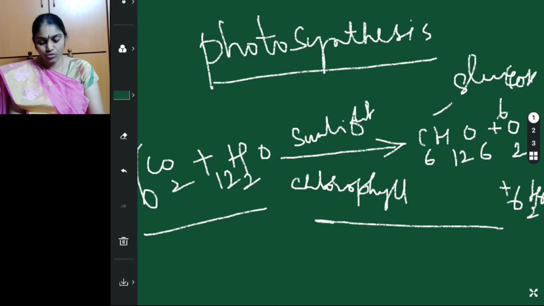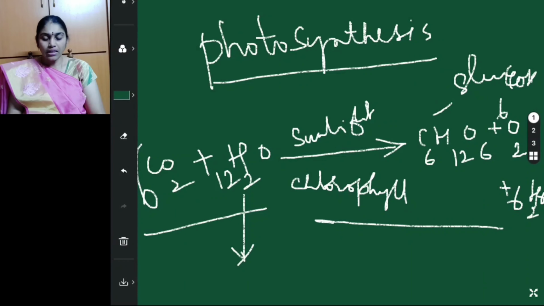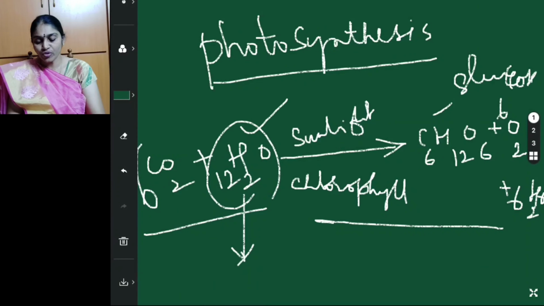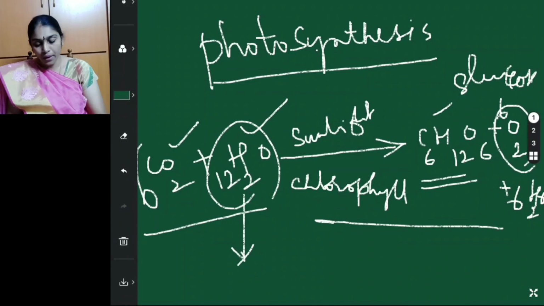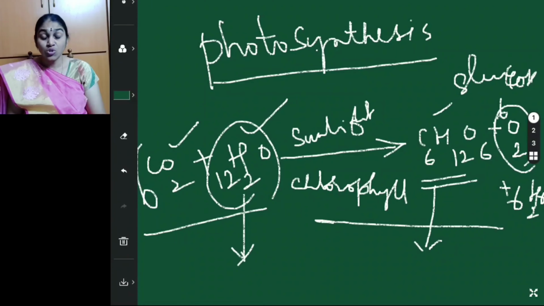All of us know that if you don't water a plant for one day, it will first wither, it will be wilted, it will be dried, right? In this lesson especially, we are going to learn how water affects photosynthesis, how carbon dioxide affects photosynthesis, and how oxygen is liberated. First let us try to know whether glucose or starch is prepared and stored in plants or not.